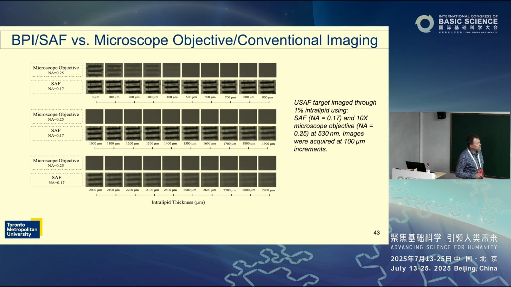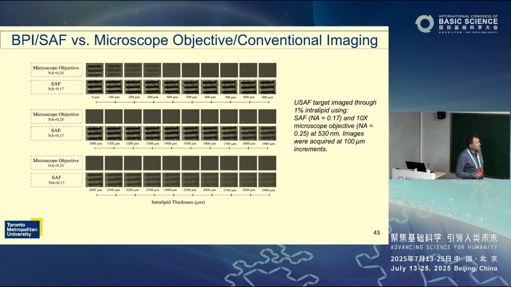So this is the continuation. So that's from 0, right? 900, 1900, and up to 2600, which is basically 2.6 millimeters. As you can see, the advantage of ballistic photon imaging was immediately proved basically with the first experiments.